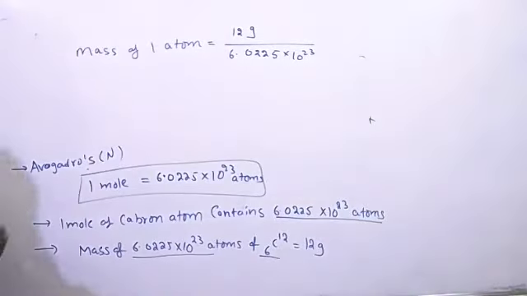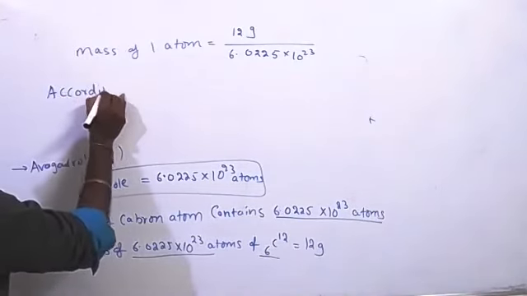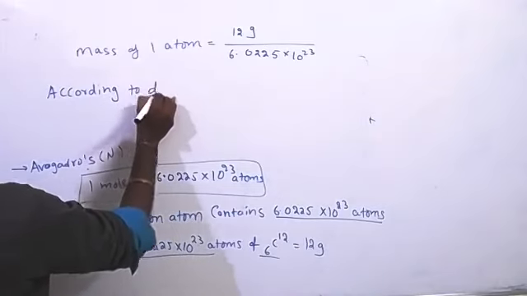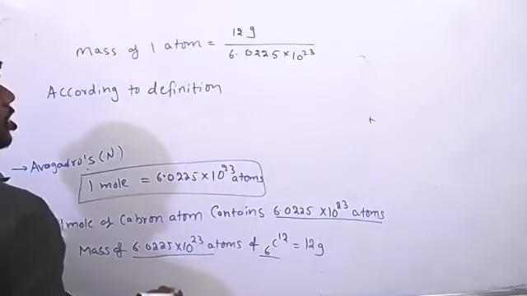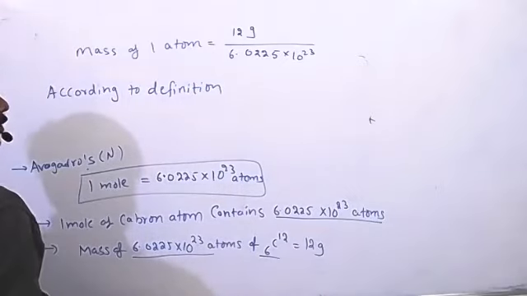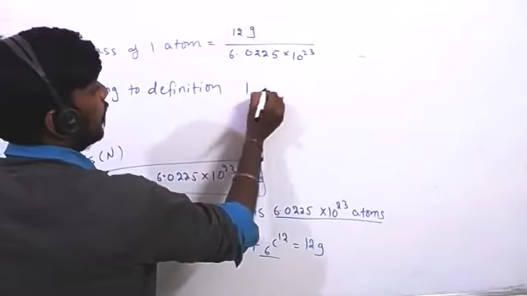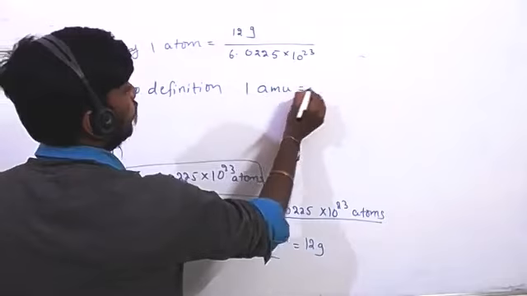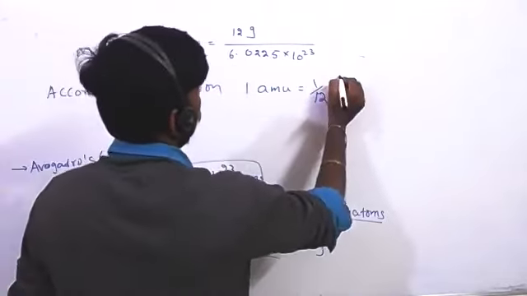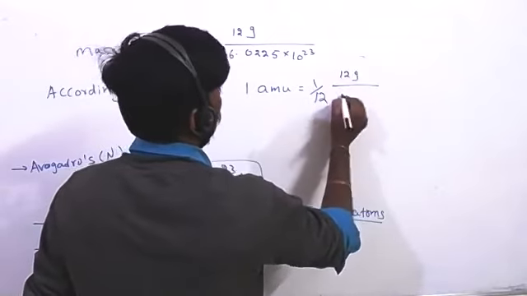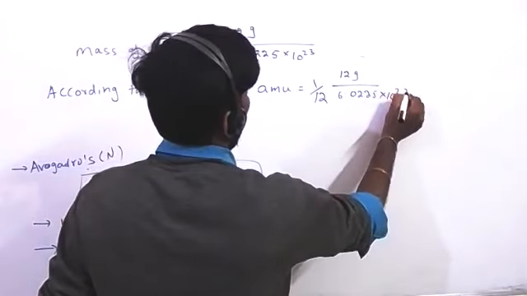According to the definition, one AMU is equal to 1/12th the mass of a carbon atom. So the carbon atom mass is this much. The mass of one carbon atom is equal to 12 grams divided by 6.0225 into 10 to the power of 23.